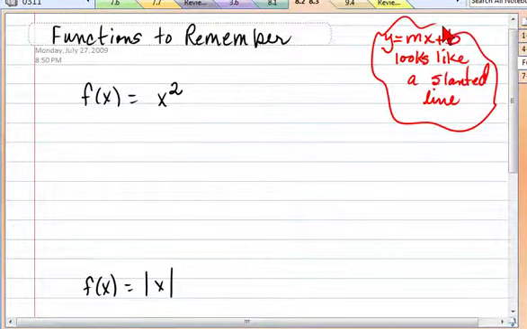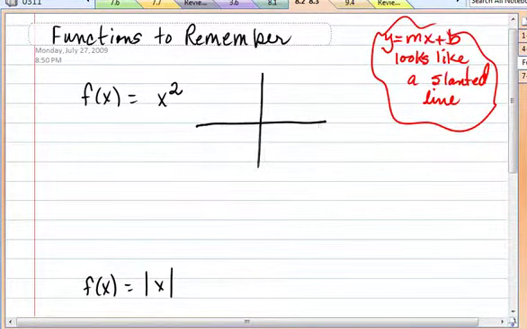If you have a function of this form, f of x, and it could say y, equals x squared. It's called a squaring function. What does it look like? This is what I'm going to ask you to memorize. And it's not hard. It looks like a little bit of a U shape.